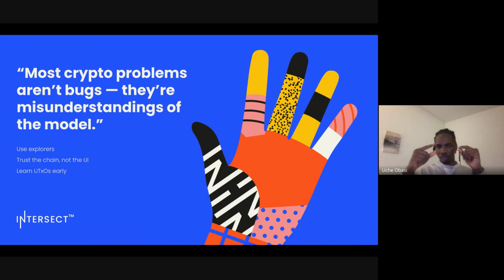So you might think you encounter a problem, and the first thing that comes to your mind is, this is a bug, right? No, it is not. Rather, they are misunderstandings of the model. If you understand the mental model behind a particular system, it helps you to fix accordingly.